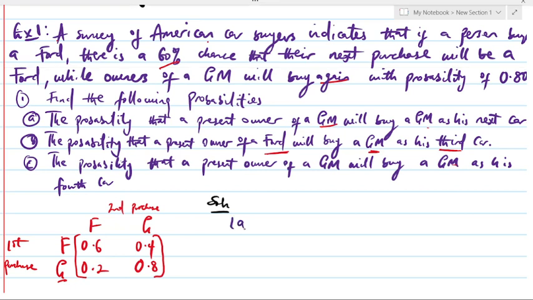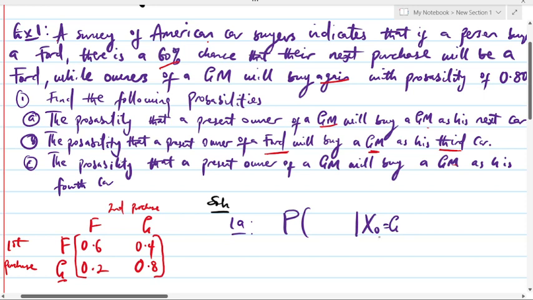So question 1a asks for the probability that the present owner, X0 equals GM. Let me use the letter G alone.